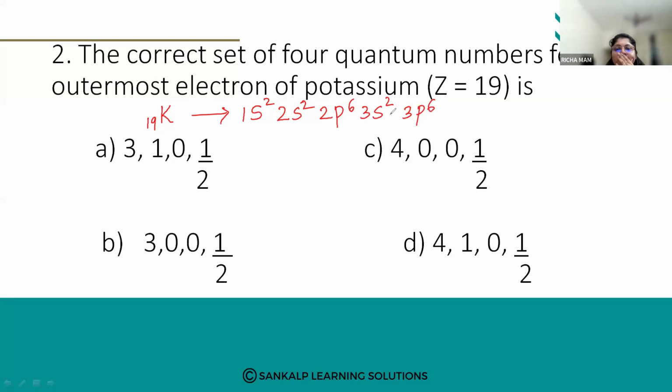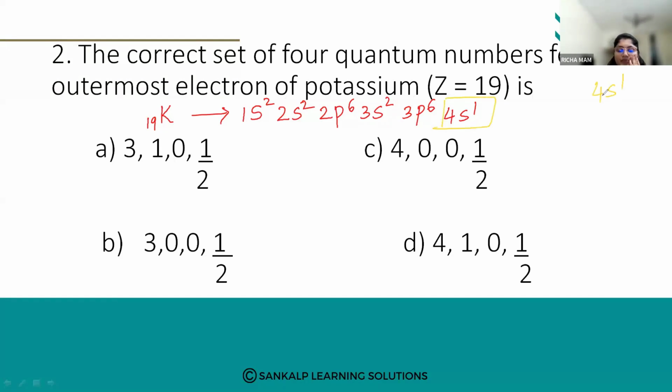Count the number of electrons: 2, 4, 10, 12, 18. One more electron goes to 4s1. So you have to write the correct set for this 4s1 orbital.